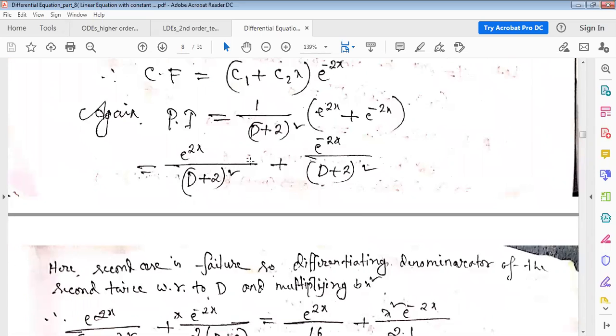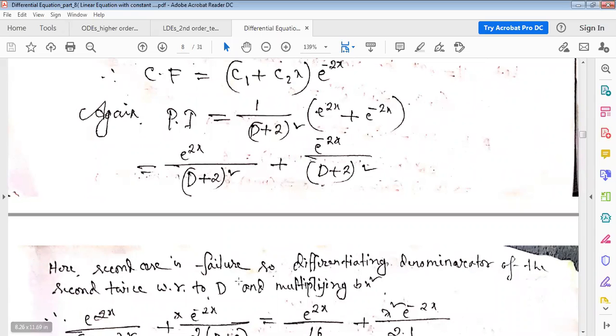Now if we put D equals 2, this is defined. But for D equals minus 2, the coefficient of x being minus 2 here, this will be undefined, right? The first is defined: if we put D equals 2 here, this gives a real-valued number.